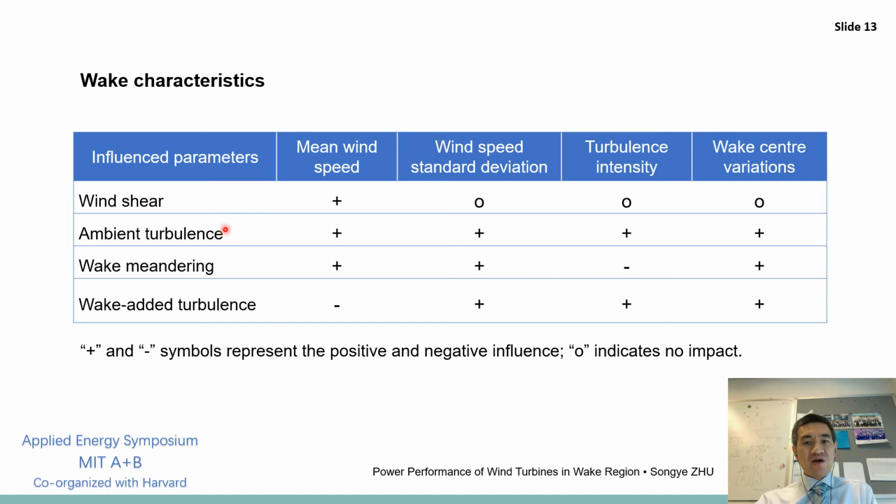We look at their impact on several major parameters: mean wind speed, standard deviation, turbulence intensity, wake center position. The positive side means increase, the negative side means decrease. The circle means no impact. We can clearly see they have different impacts on different parameters.